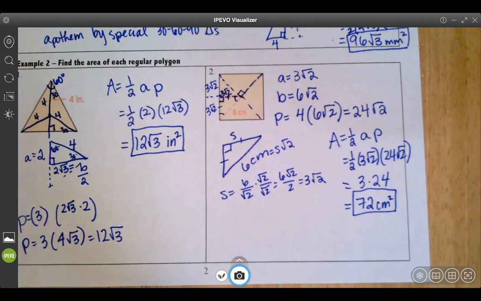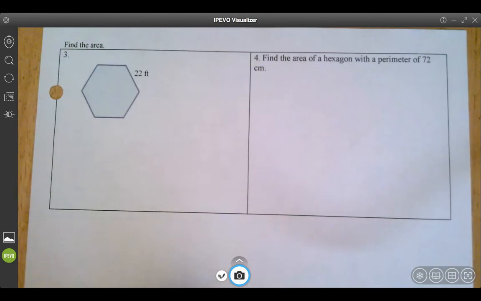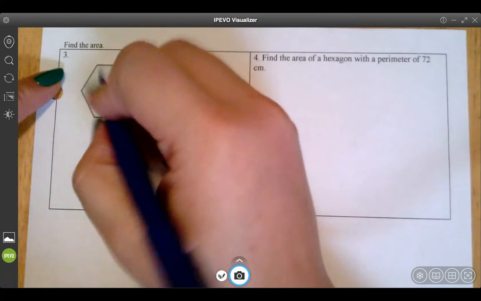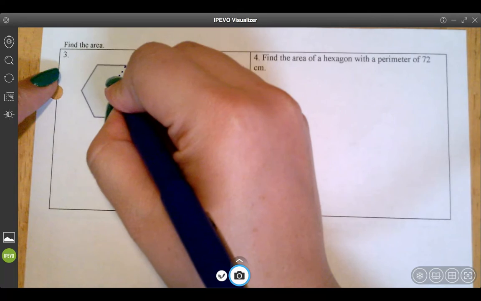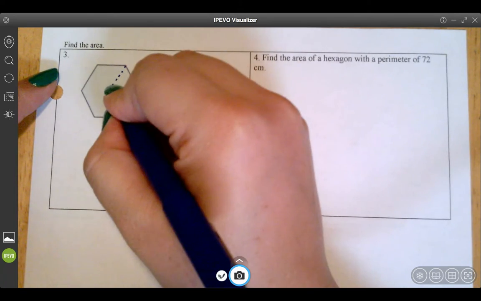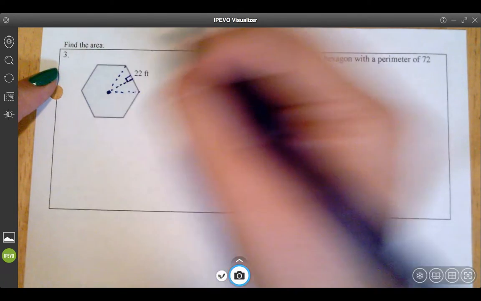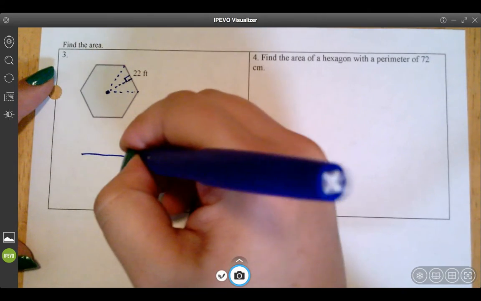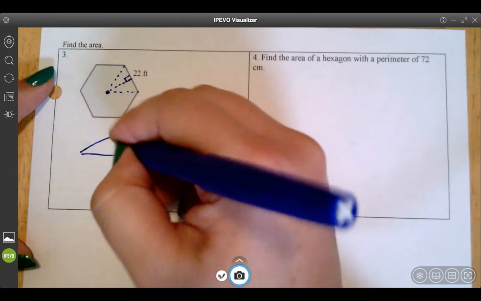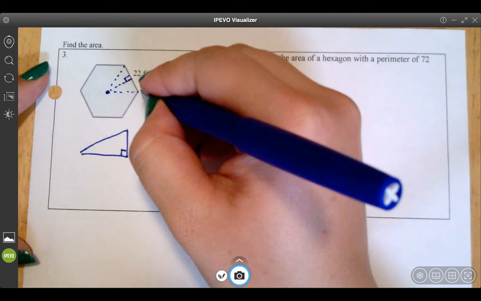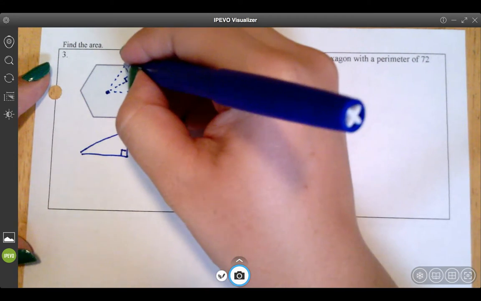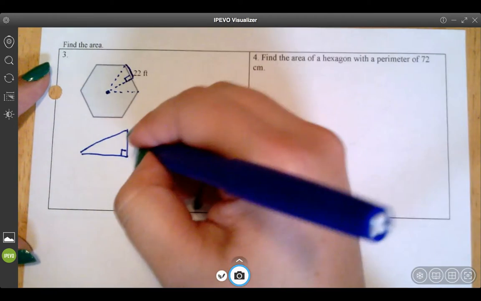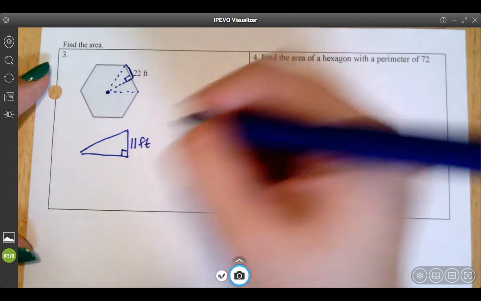Let's take a look at our last page. Continuing from the previous example, we're finding the area of a regular polygon. So this is a regular hexagon. Again, I'm going to draw in the central angle and the apothem. Draw my triangle bigger. If this whole side was 22 feet, the side of the little triangle that I just drew is 11 feet.